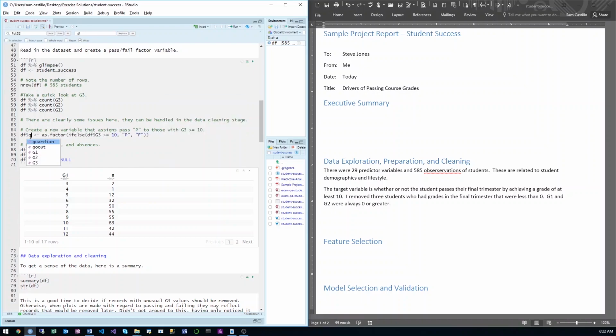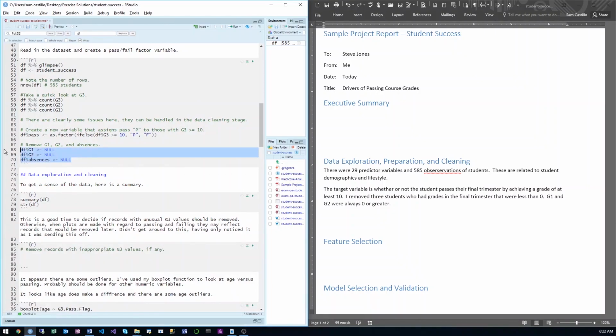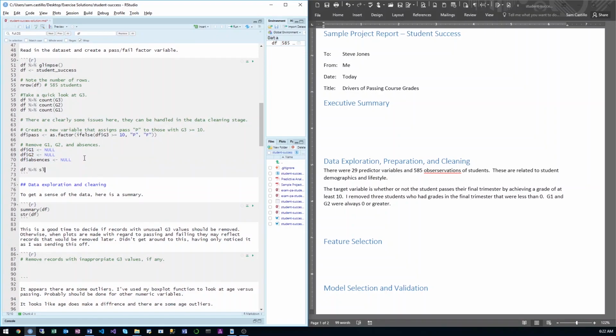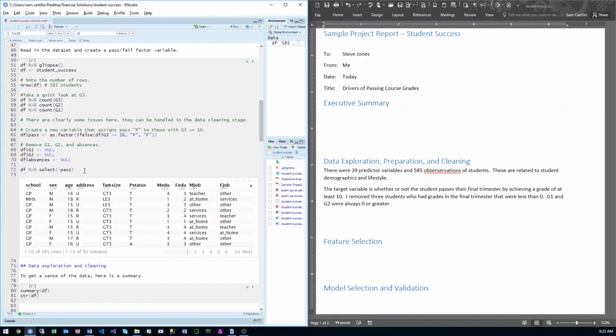Better yet, I'm just going to call this pass, and then they remove these other variables. Another way of removing variables is to use select and then minus the variable name. So if I want to unselect pass, you just use that.